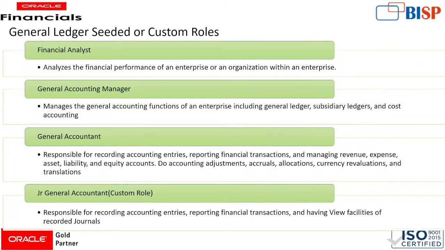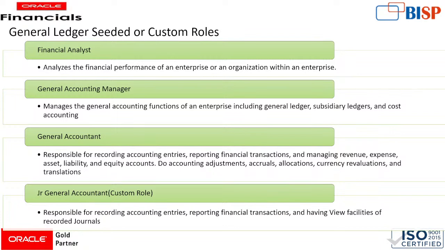So that is the basic requirement of my client. I have customized the general accountant role, removing the delete and edit facilities, and named it BISP Junior General Accountant role.